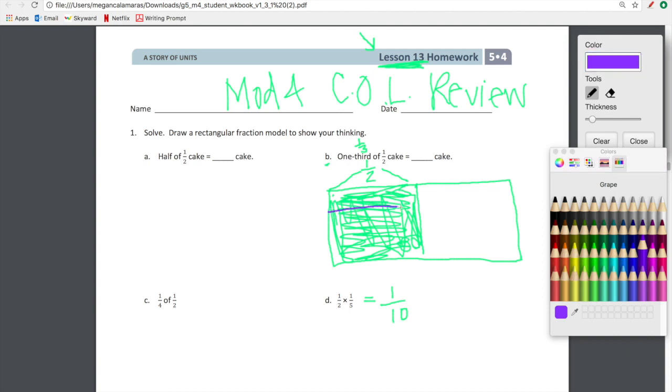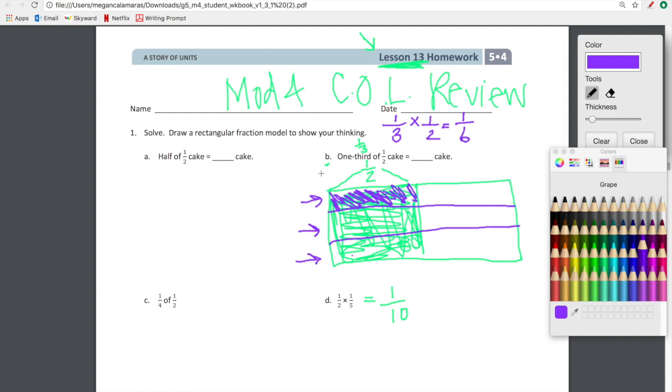So we'll just go ahead and lay down 3 equal rows. We have 1/3, 2/3, 3/3. Can you guys see those rows here? We're looking for 1/3 of 1/2. So we're just looking for one row, 1/3 of the green. 1/3 of 1/2, or 1/3 times 1/2, is equal to, well, 1 times 1 is 1, 3 times 2 is 6, 1/6.